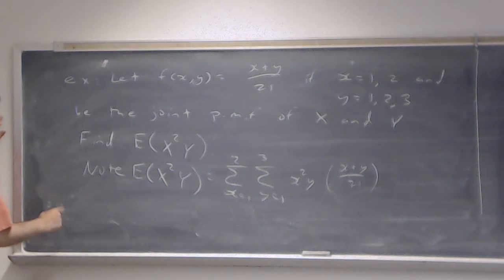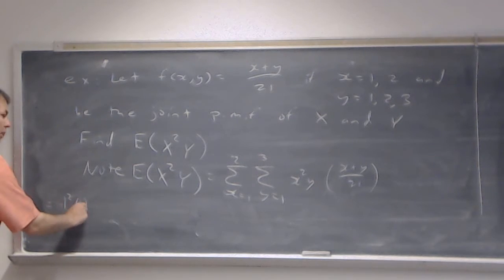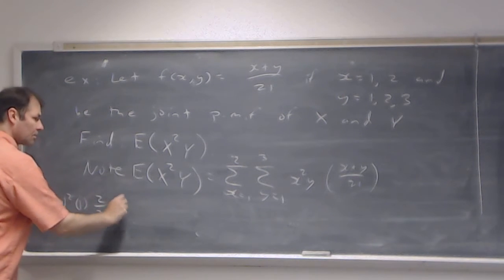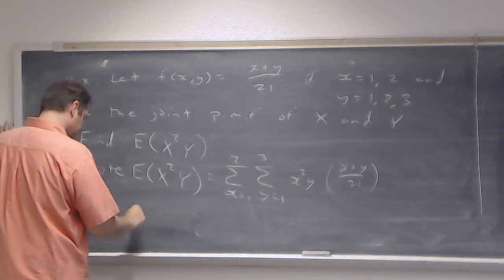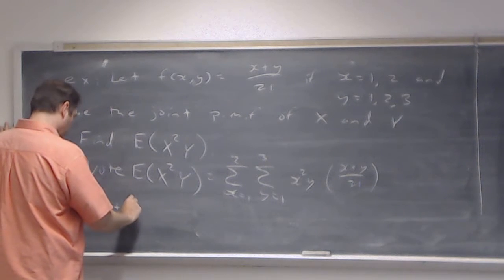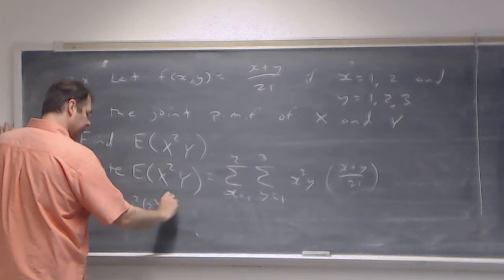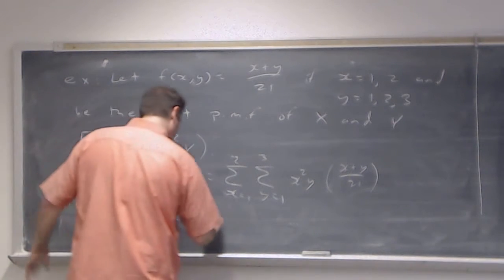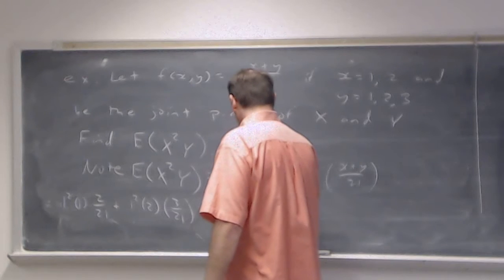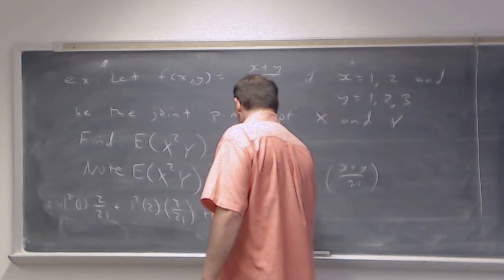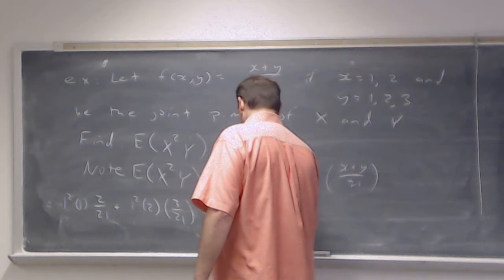When x is 1 and y is 1, I get 1 squared times 1, and then 1 plus 1 is 2, so it's 2 over 21. Plus, when x is 1 and y is 2, I get 1 squared times 2, and then this is 3 over 21, plus, when x is 1 and y is 3, I get 1 squared times 3 times 4 over 21.